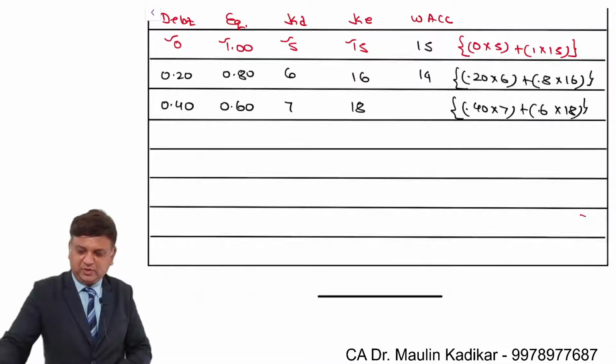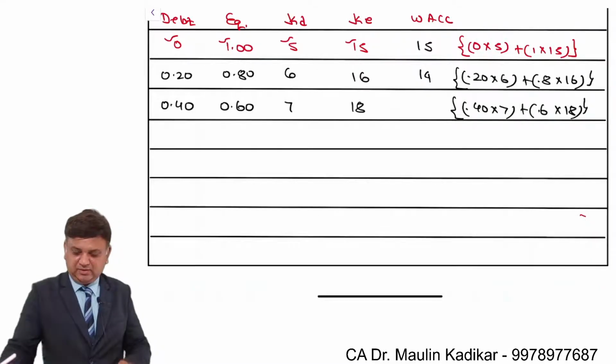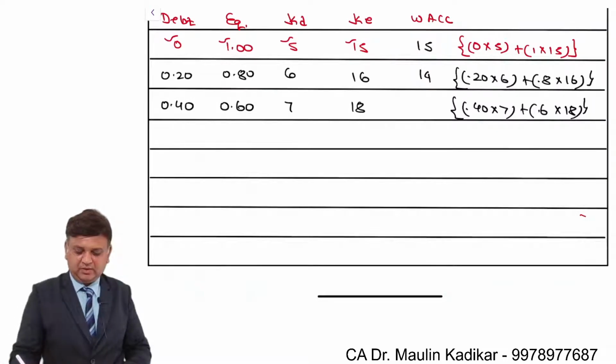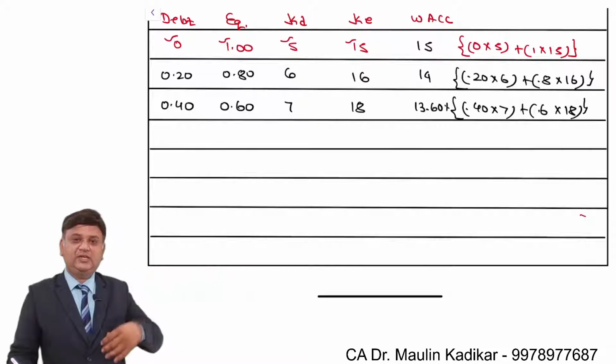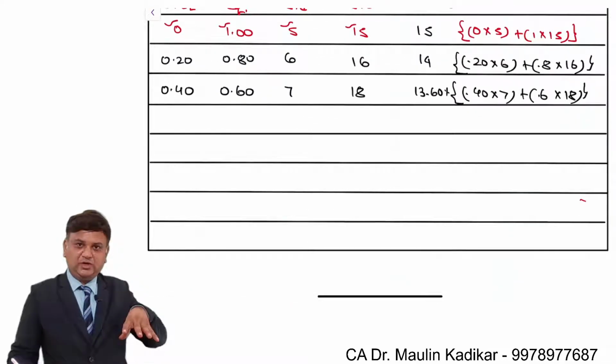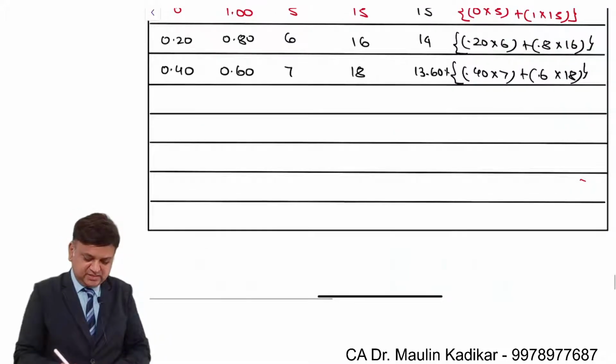So 7 into 0.4 is 2.8, and 0.6 into 18 is 10.8. So overall it is 13.6. So you can see that initially with the introduction of the debt financing, the weighted average cost of capital is falling down.